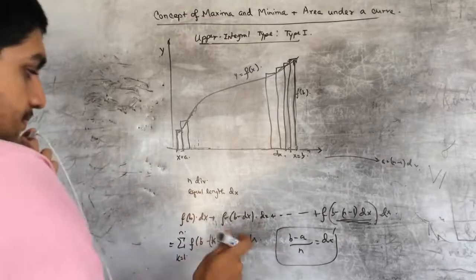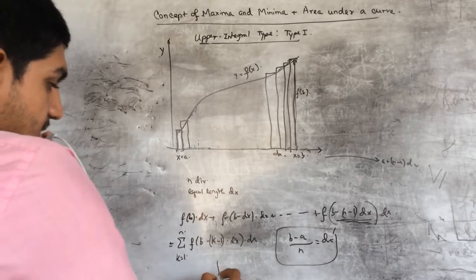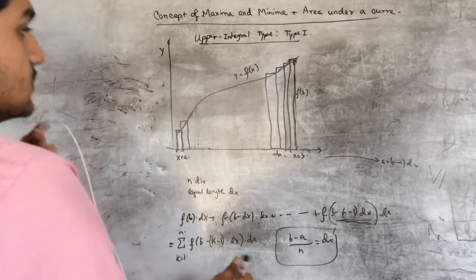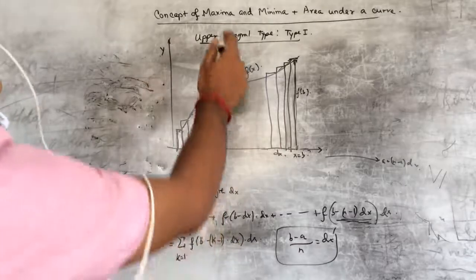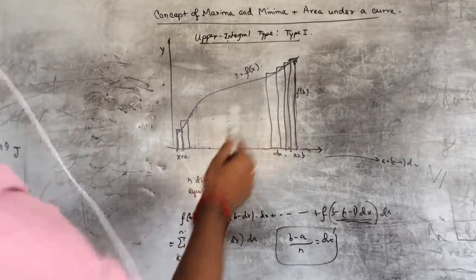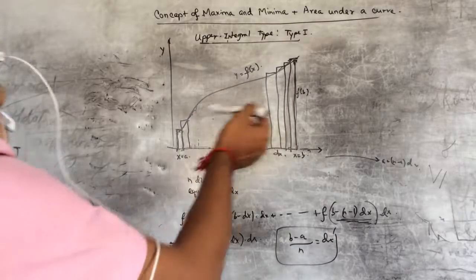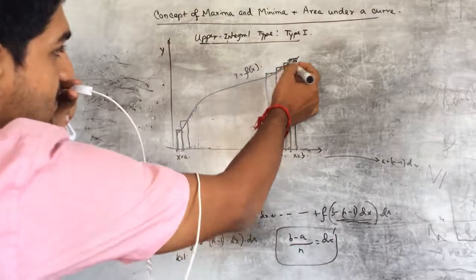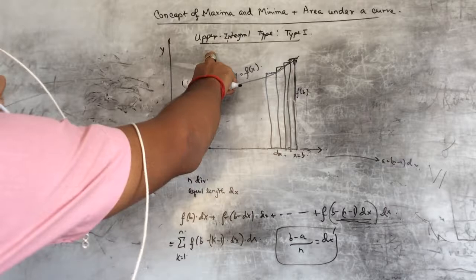So both the upper integral type and the lower integral type give us approximately the area of the function, but not exactly, because you can see that these triangles have some extra lengths in the case of the upper integral type.